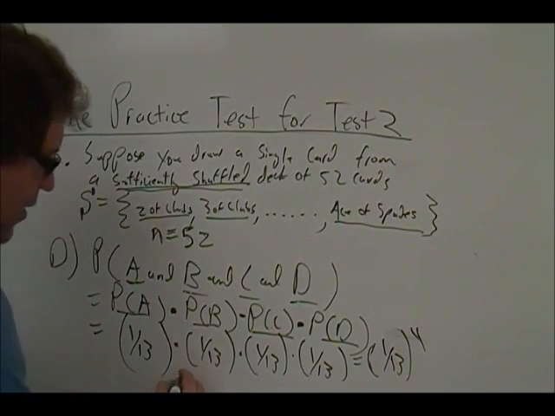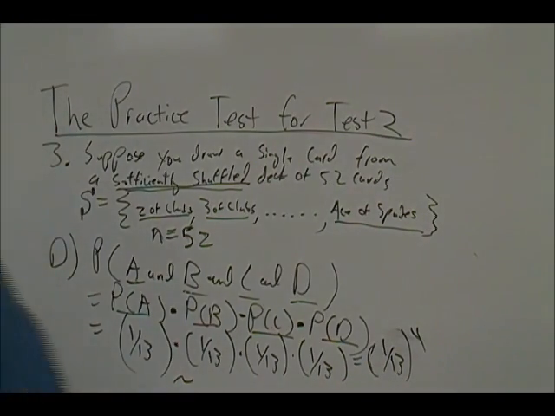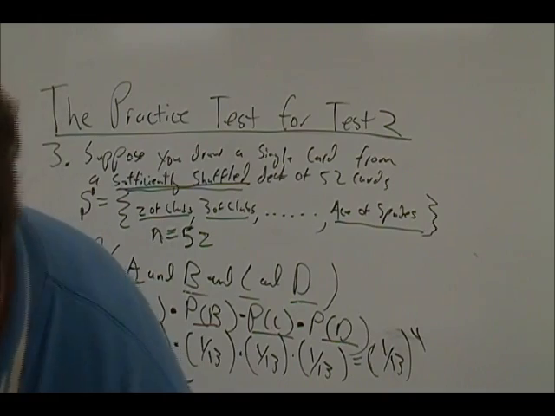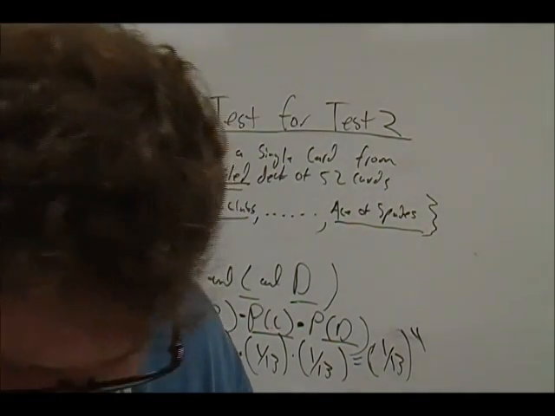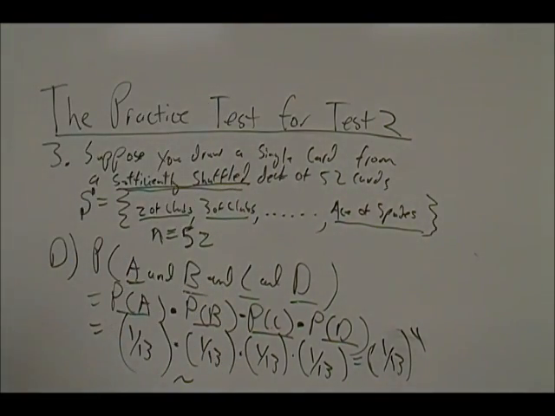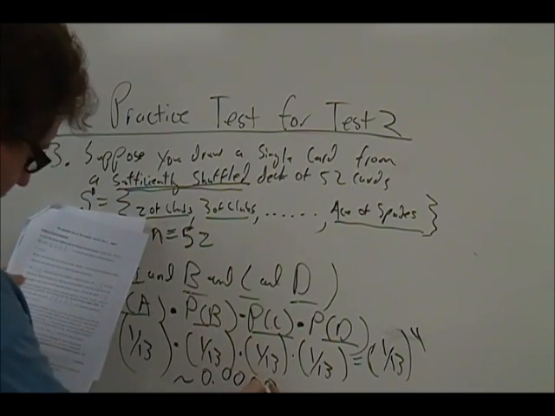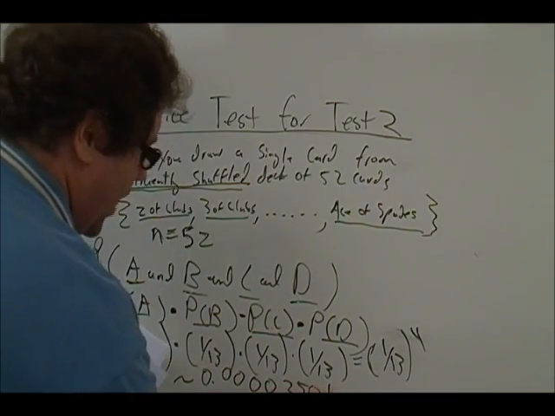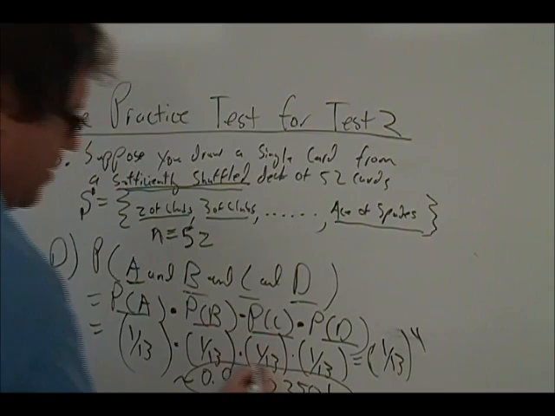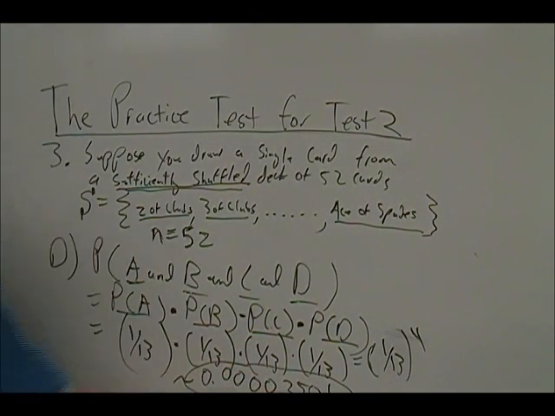And on your calculator, if you do that, you should come up with the decimal rounded to 4 significant figures to be 0.00003501. So the decimal for this probability, rounded to 4 significant figures, is 0.00003501.